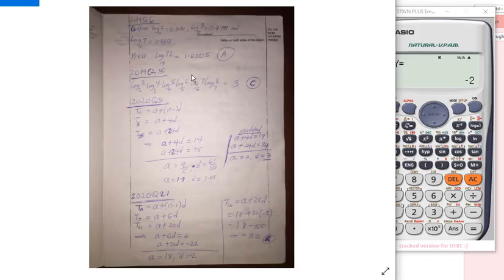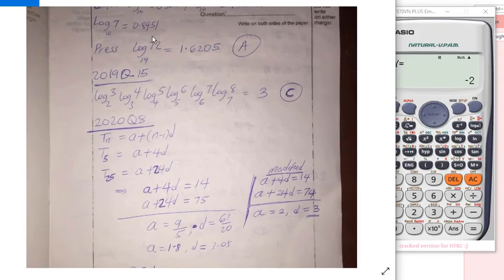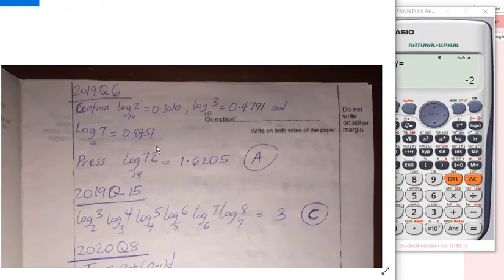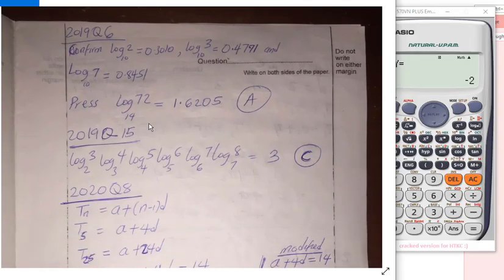Now look at this one. This one is 2019 question 6. You are given that log 2 base 10 is 0.3010, log 3 base 10 is 0.4771, and you are also given log 7 base 10 in that question to be 0.8451, right? I now say confirm all these ones on the calculator first, like log 2.